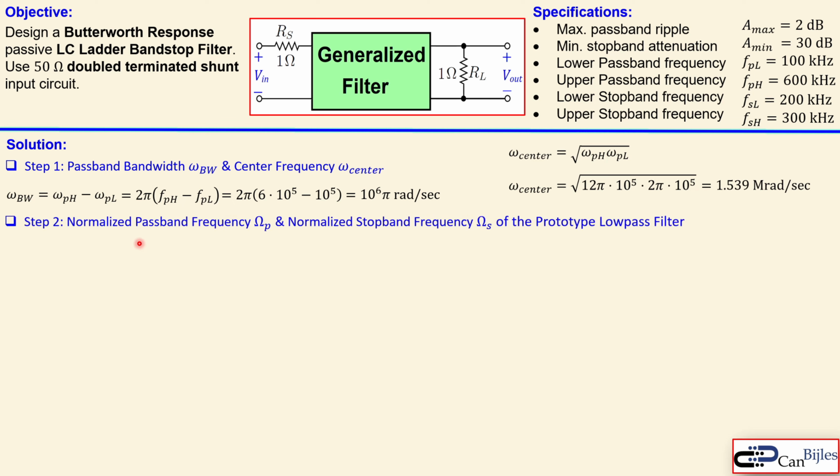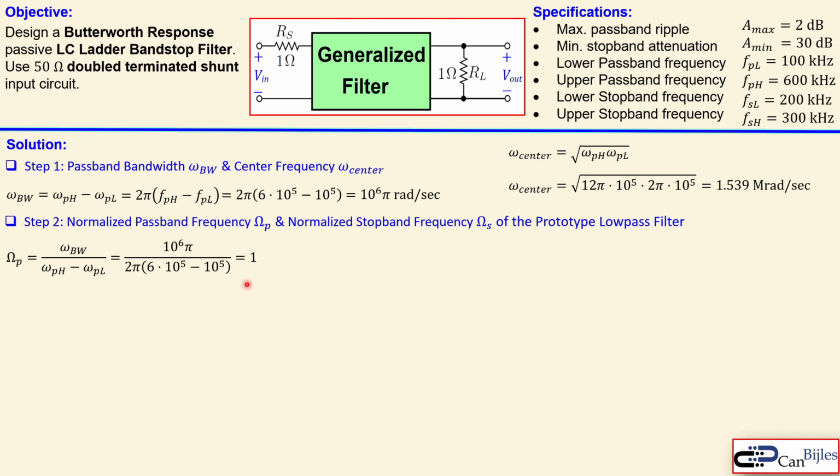Going to step 2 is the normalized passband frequency, capital omega P, and normalized stopband frequency, omega S. This is for the prototype low pass filter. Still we are now in the low pass filter calculations. So this is the formula. We have done this also in the previous example for the bandpass filter, so it's really similar.